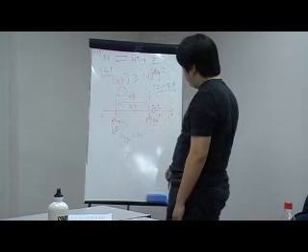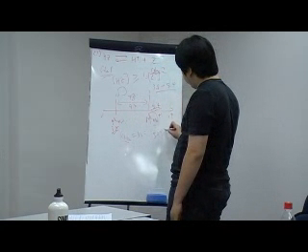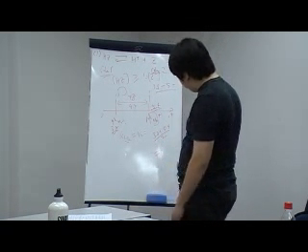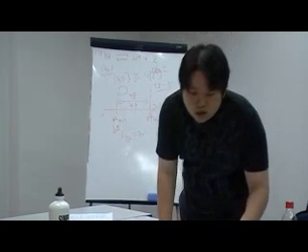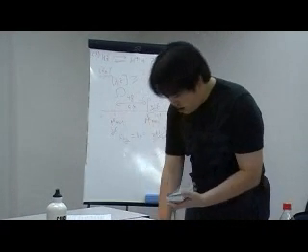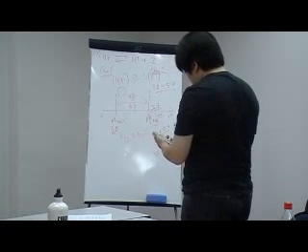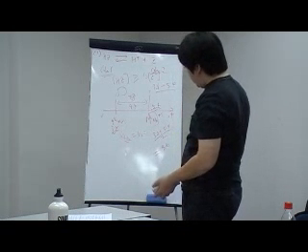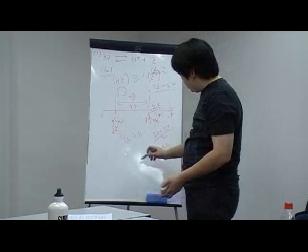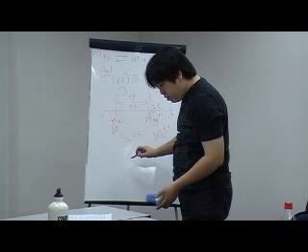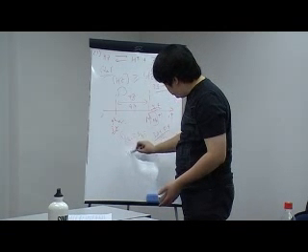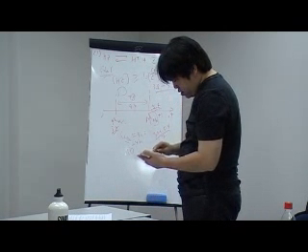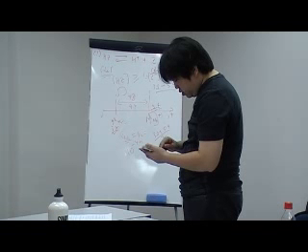Let's go back to 3.8 plus 5.4 divided by 2. I want to get the midpoint, 9.2 divided by 2, get 4.6. So according to what I said just now, I should get the H plus concentration as 10 to the power of minus 4.6.